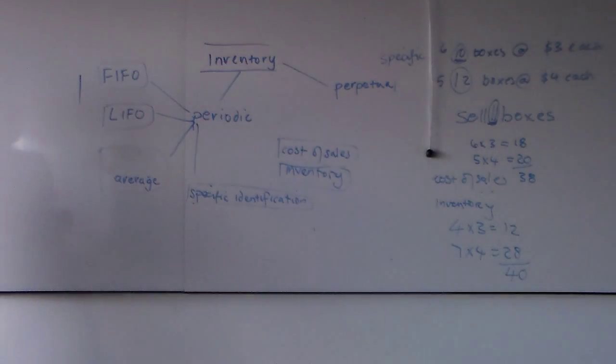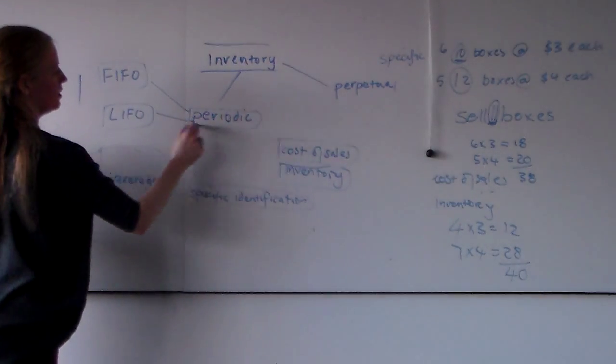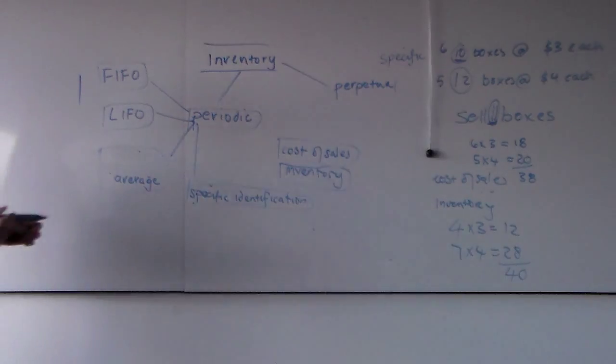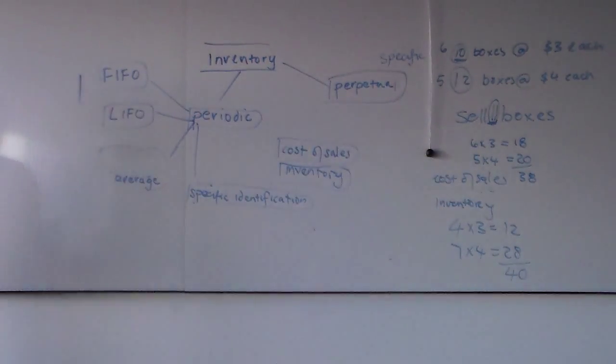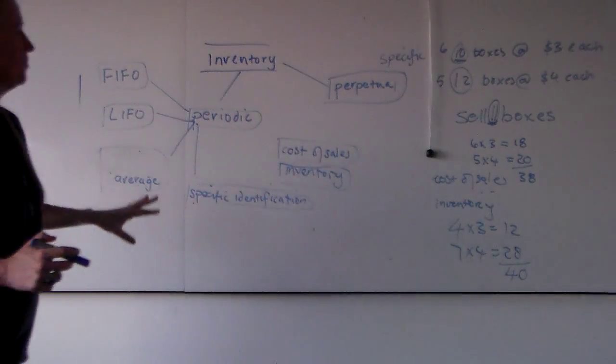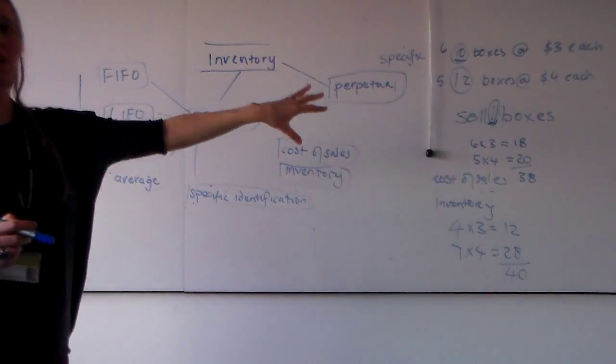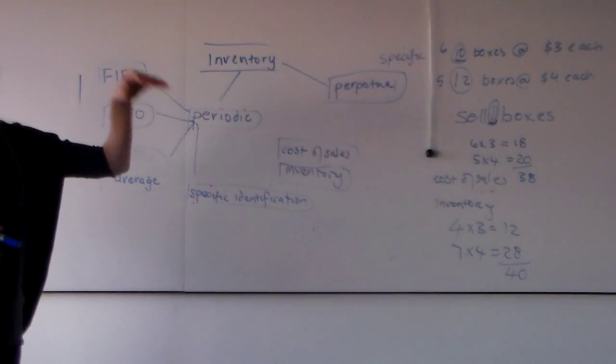Periodic method is a lot easier than the perpetual method. The perpetual method is a lot more time consuming. With periodic, it's right at the end. You say, okay, what's my cost of sales and what's my closing inventory? And you can actually work that out right at the end. You say, I've sold that many, I've got this many left. Depending on which method we're using, FIFO, I work it out accordingly, LIFO, I work it out accordingly.